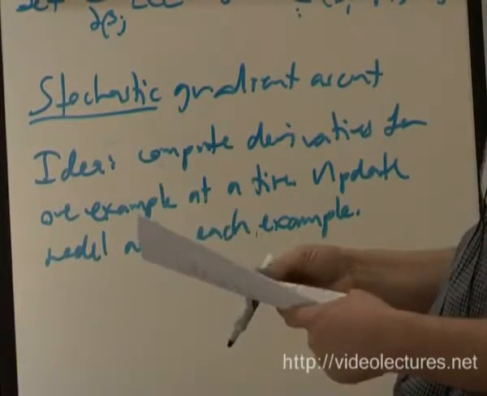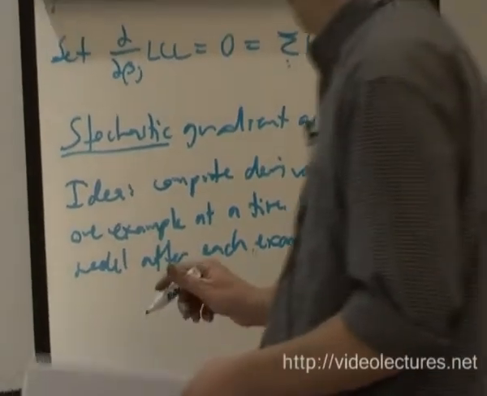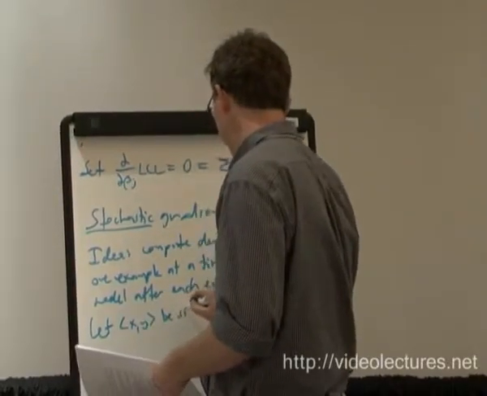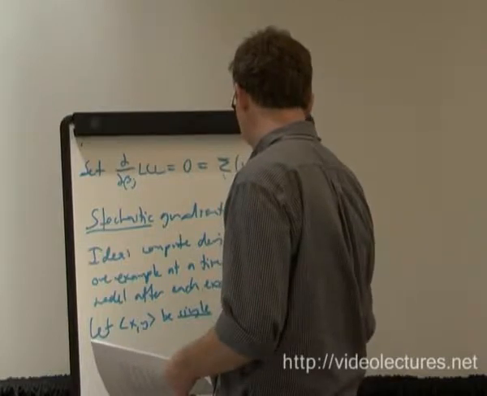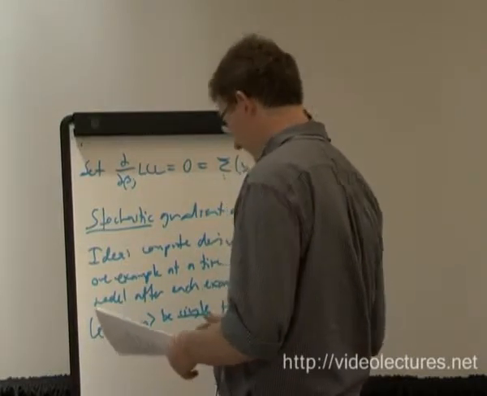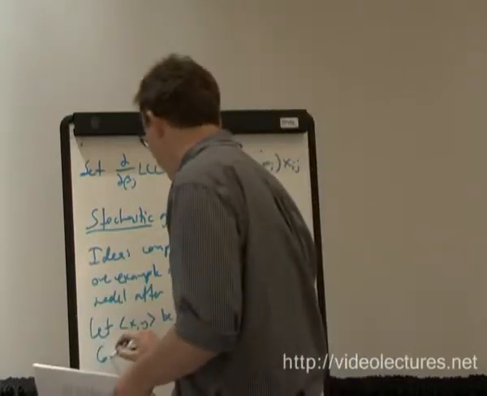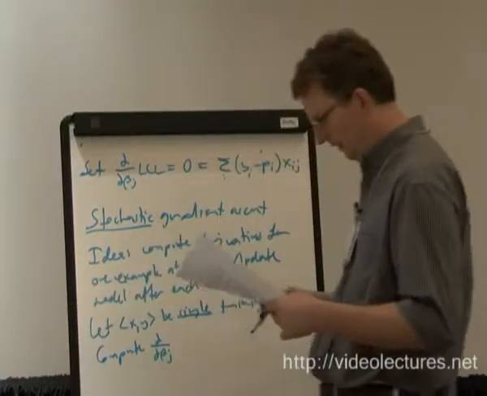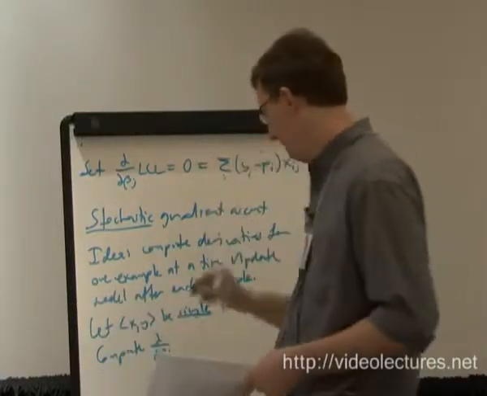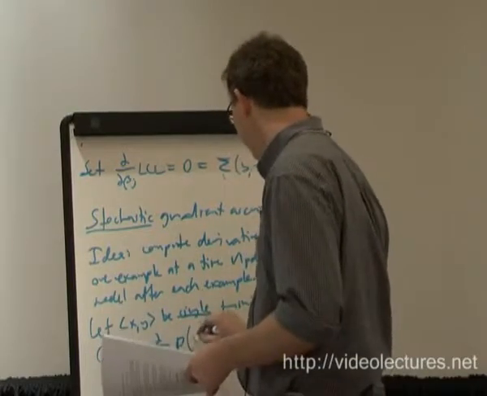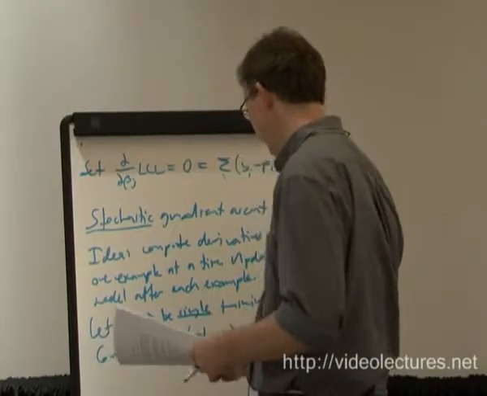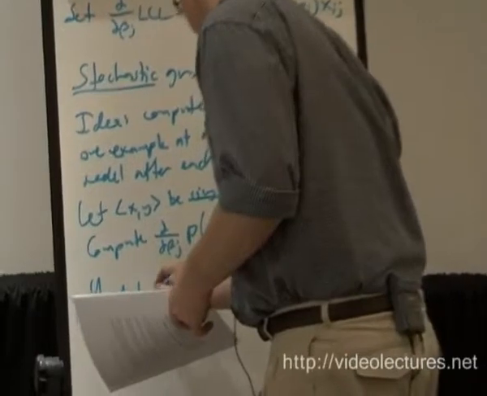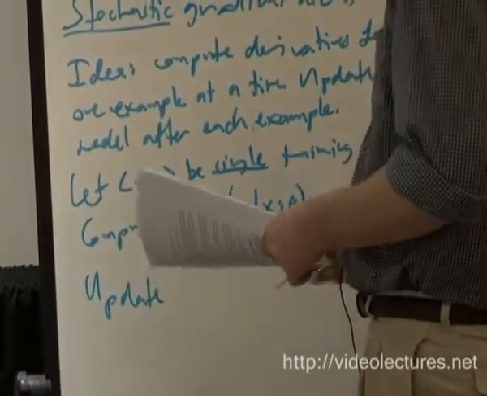So let's try. Let x and y be a single training example, and compute the derivative with respect to beta j of the probability of y given x and beta.